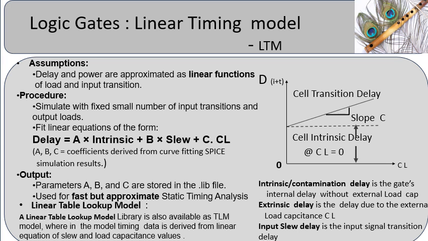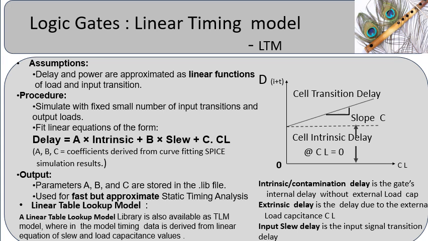The timing model of a CMOS inverter predicts how long it takes for the output to respond to changes in the input. CMOS logic gate models can be classified as linear and nonlinear models. The linear timing model, LTM, assumes a linear relationship between delay and input transition time and output load capacitance.